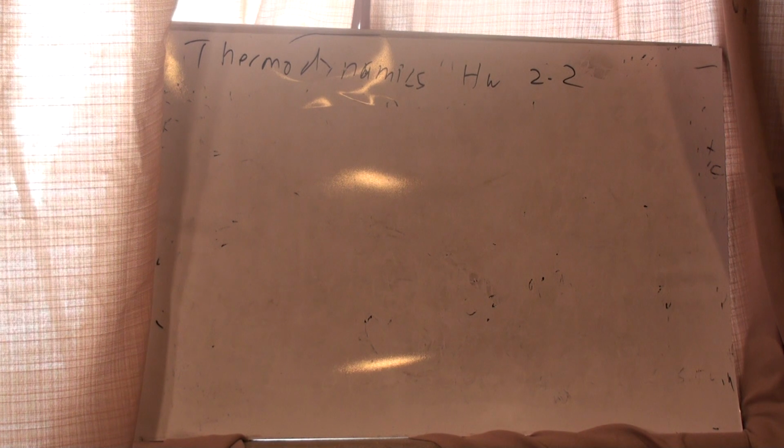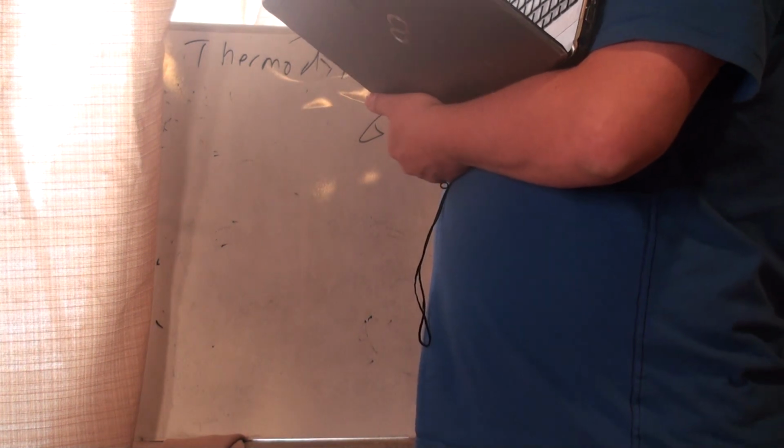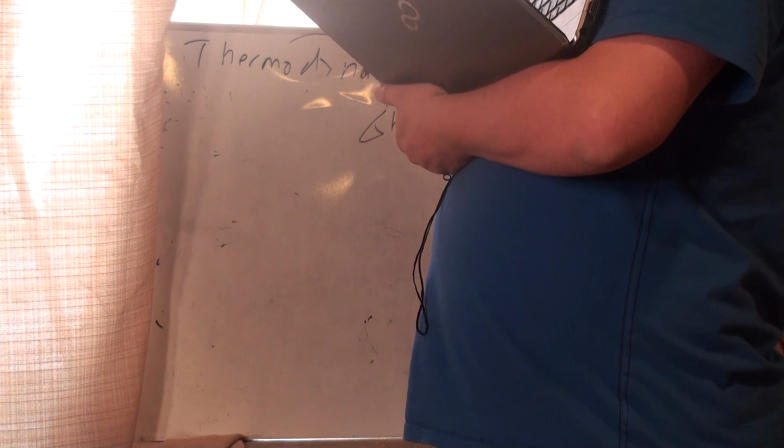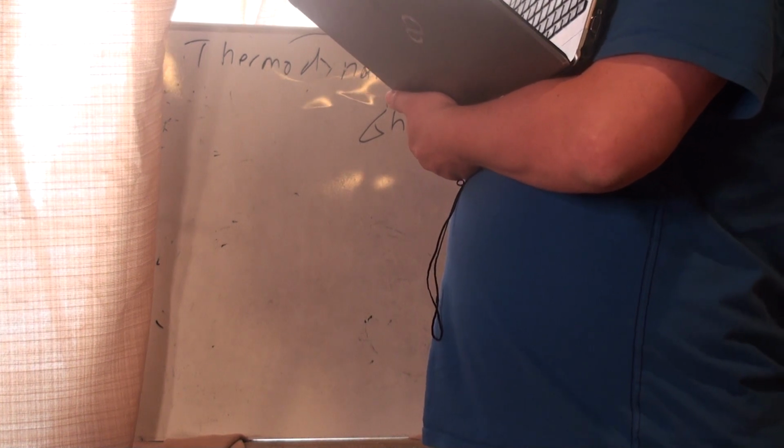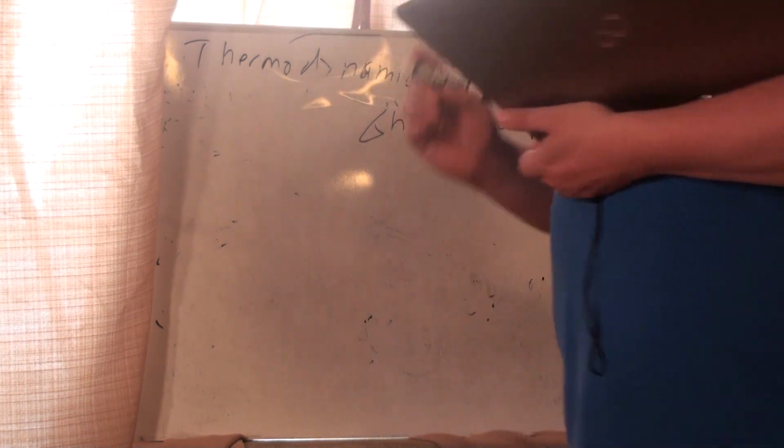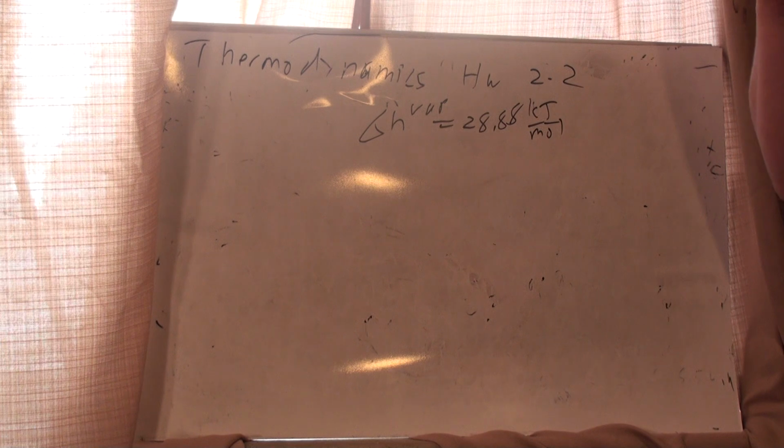Okay. Now, that has to do with rates and other things, which is more heat transfer than thermodynamics, but I still kind of want to illustrate some of these things through hexane. So, assuming the heat of vaporization for n-hexane, delta H vap, is equal to 28.88 kilojoules per mole, not kilojoules per kilomole, kilojoules per mole.